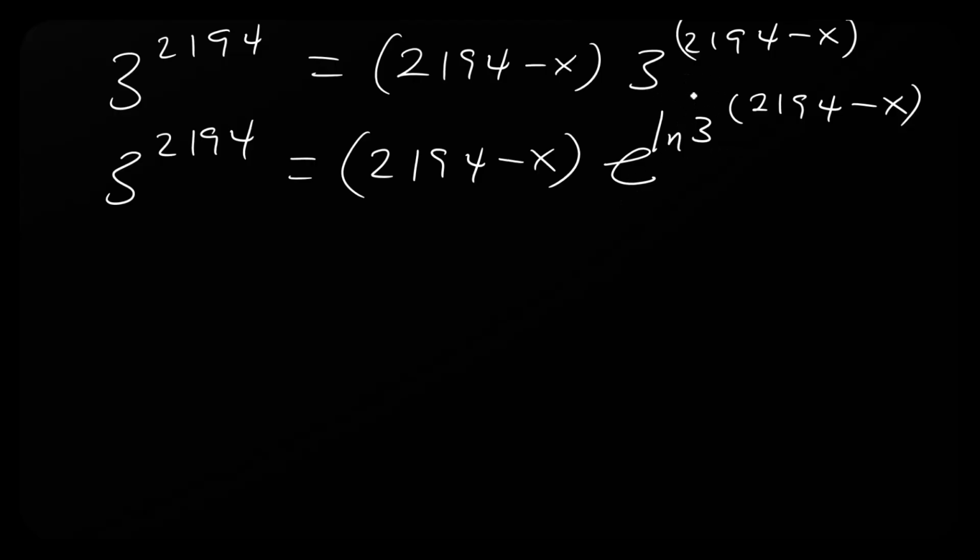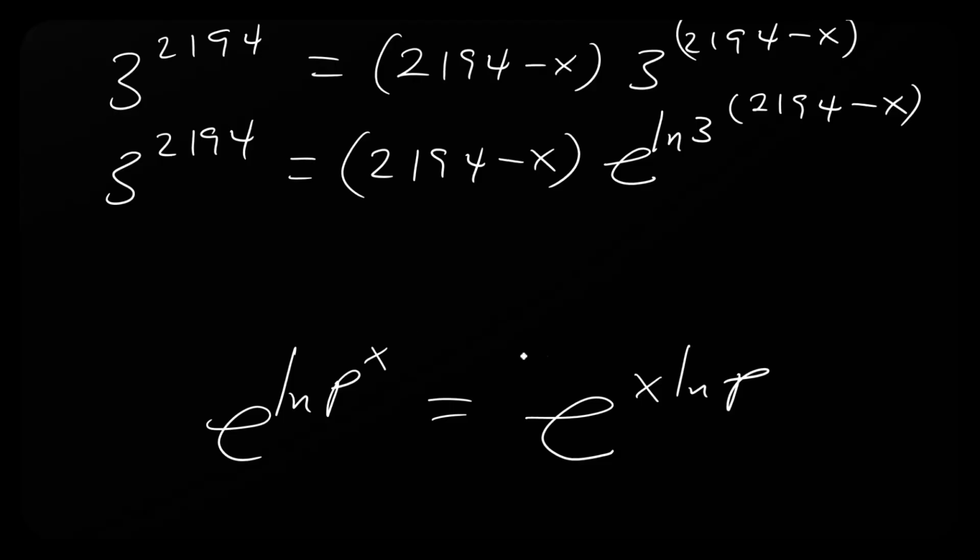So we still have our 3 to the power of that here. Now when we have e raised to p to the power x, it is the same as e raised to x ln of p. This one is called the power rule. We have the same thing here, so this one is the x.